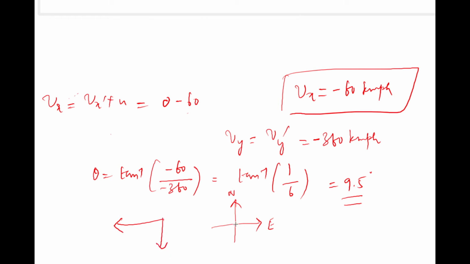So this is going to be 9.5 degrees south of west. That is the direction in which the airplane has to be moving. Okay, right. That was the problem.